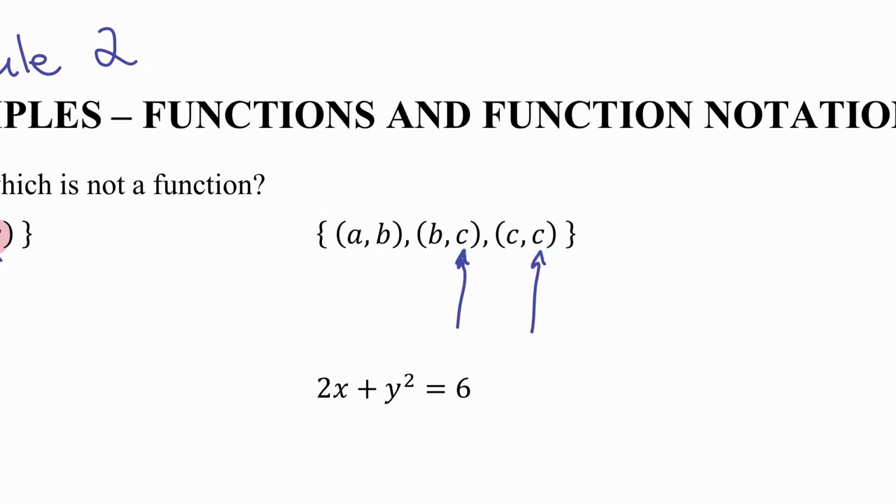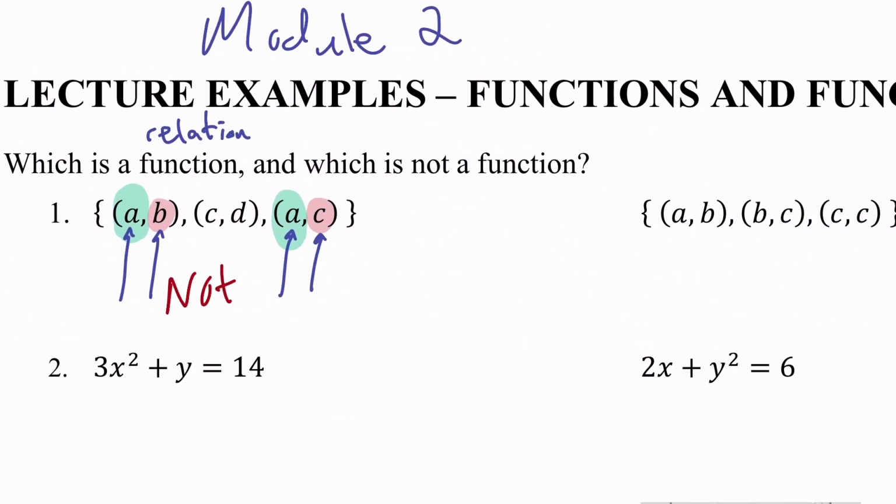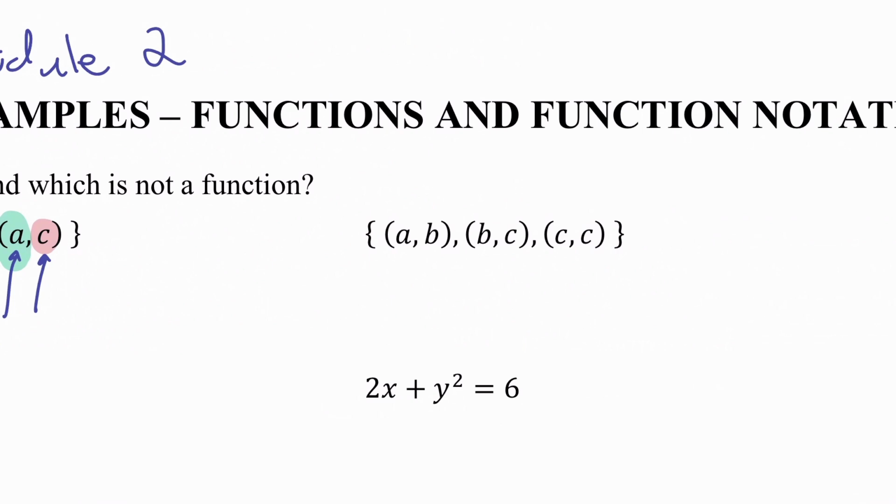Basically, what you want to look for is whether the input value is ever repeated, and if so, whether it's just redundant. Like if you took this list and tacked onto it another ordered pair, A, comma, B, well, that means we're repeating the ordered pair AB twice, which is just redundant.